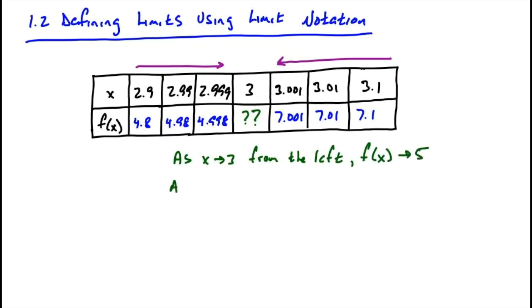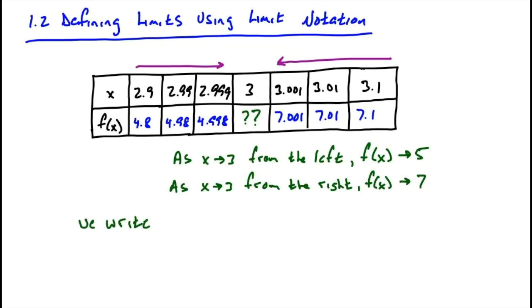But contrary to that, if we look at the x values as they get closer to 3 from the right-hand side, the 3.1, 3.01, 3.001, we see that the y values are getting closer and closer to 7. So our function is approaching 7. That's how we would say it, but how would we write it mathematically?